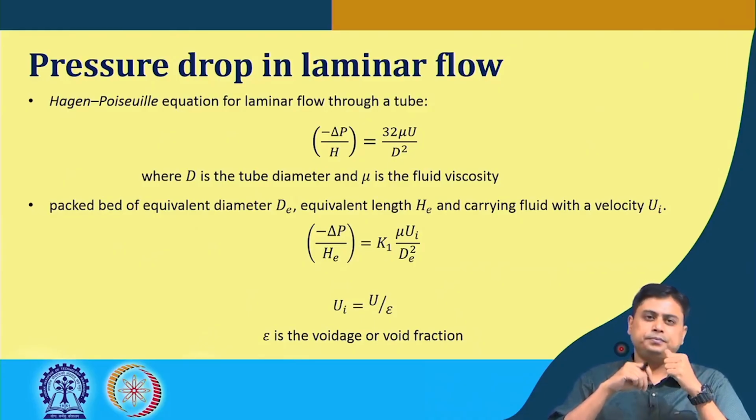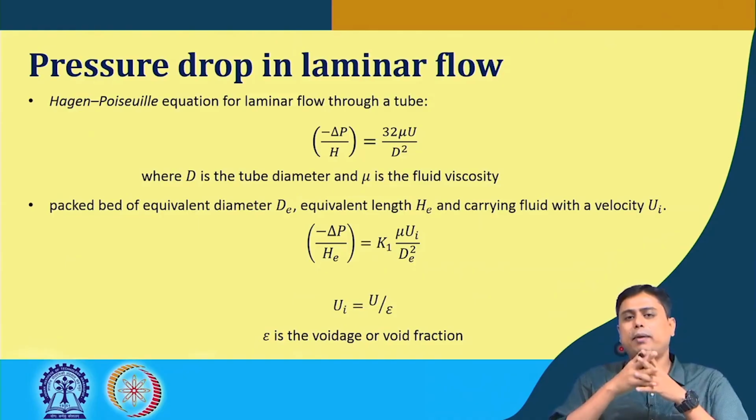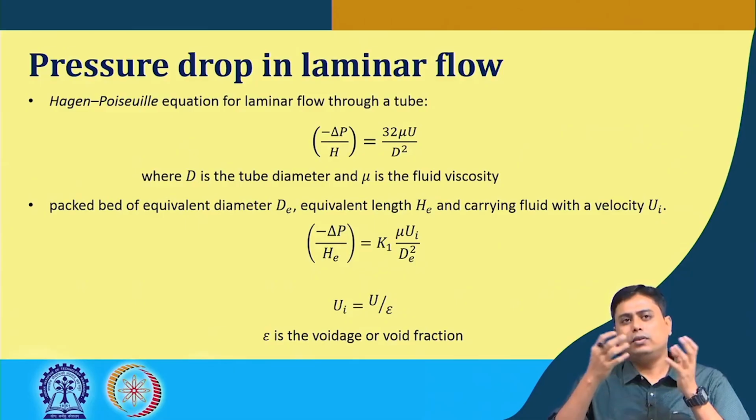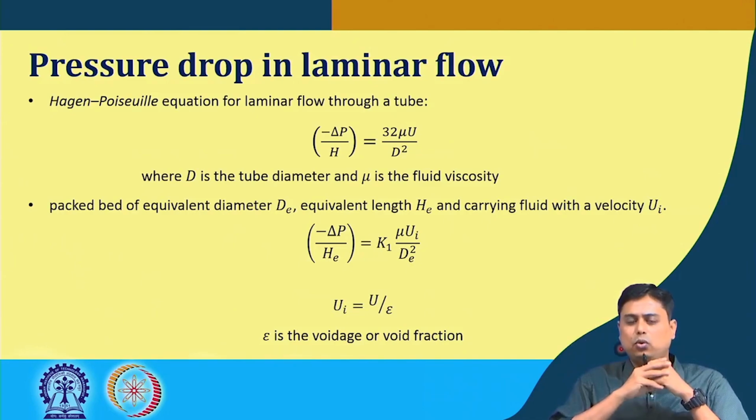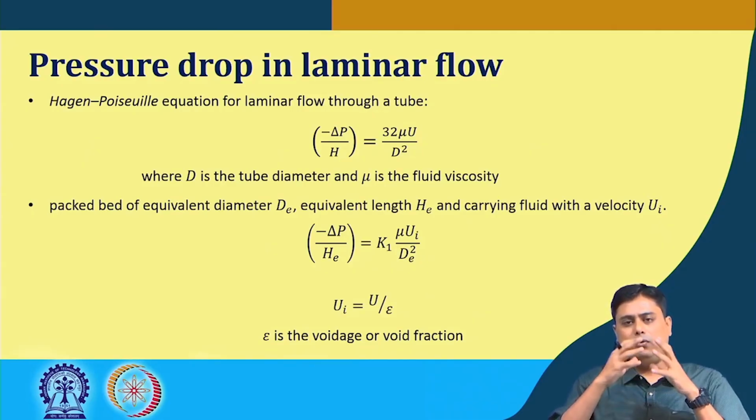Which means the void spaces inside the packed bed, or the stack of material, can be thought of as several tubes inside the bed through which the flow can happen. If you can imagine that, you can think of an equivalent diameter dE with the equivalent height hE, carrying a fluid of velocity ui. This ui we call the local velocity, or the interstitial velocity, through the interstices in between the particles.